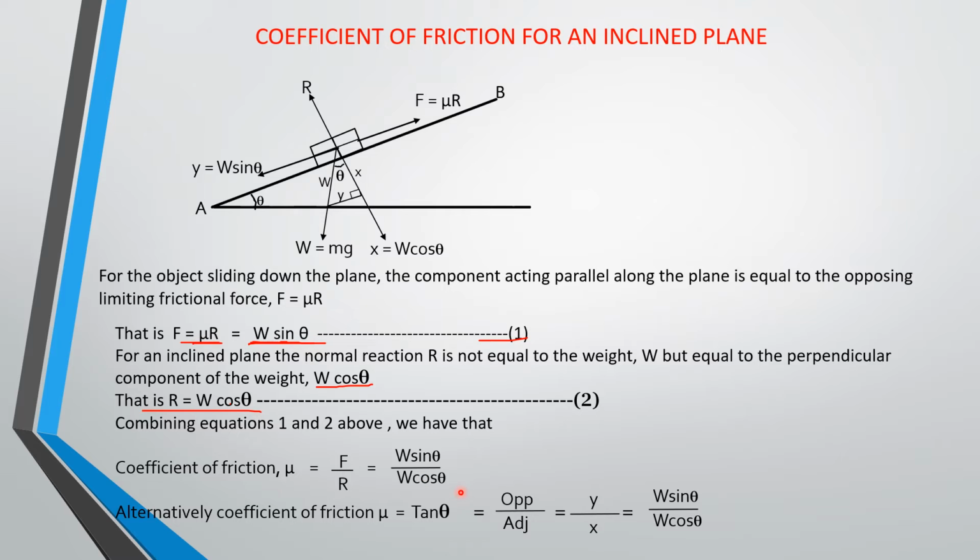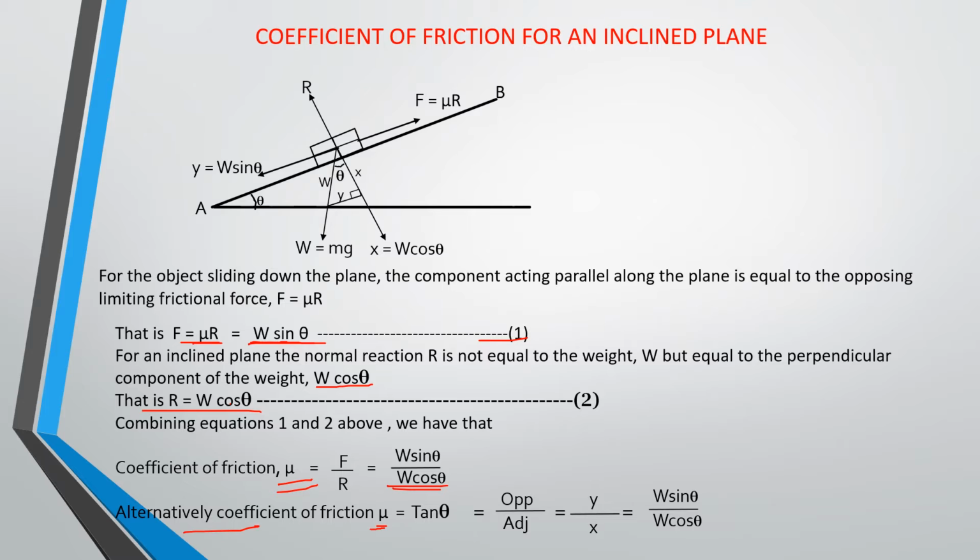So for an inclined plane, this is the formula for finding the coefficient of friction: w sine theta all over w cos theta. Or alternatively, you can just find the tangent of the angle of inclination. So the coefficient of friction, you can get it from the tangent of the angle of inclination.